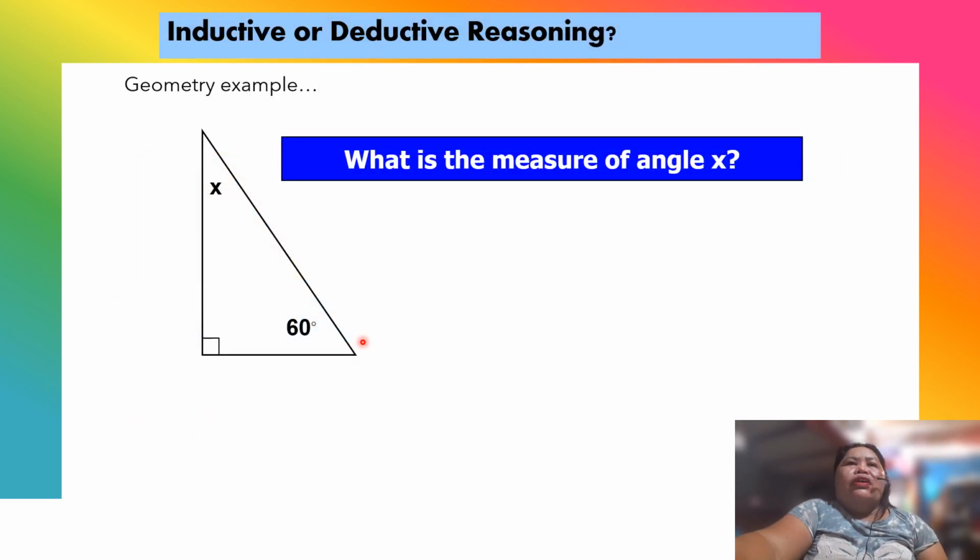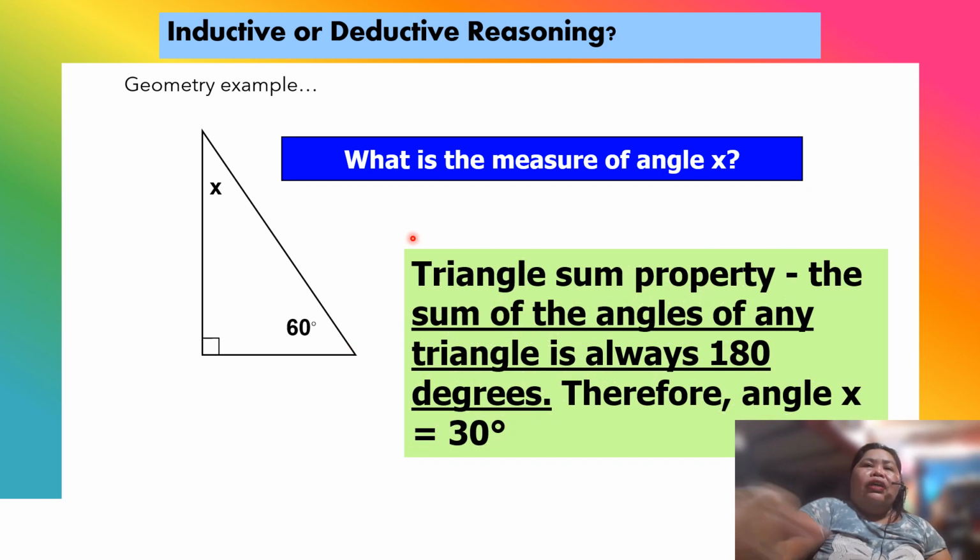So in geometry, there's an example. What is the measure of x? The triangle sum property: the sum of the angles of any triangle is always 180 degrees. Therefore, angle x is 30 degrees, because we have 60 and 90, so 90 minus 60 is 30.